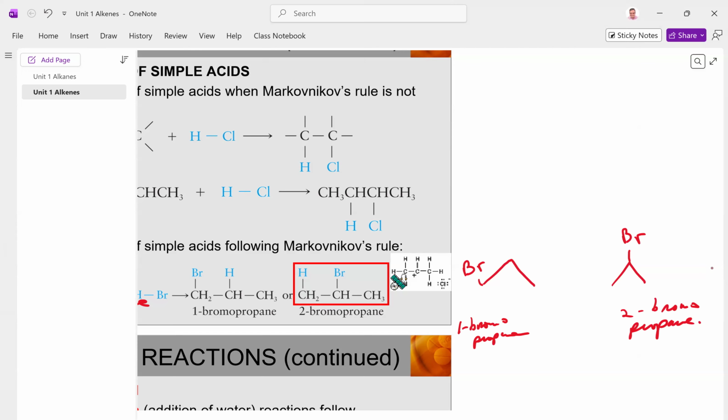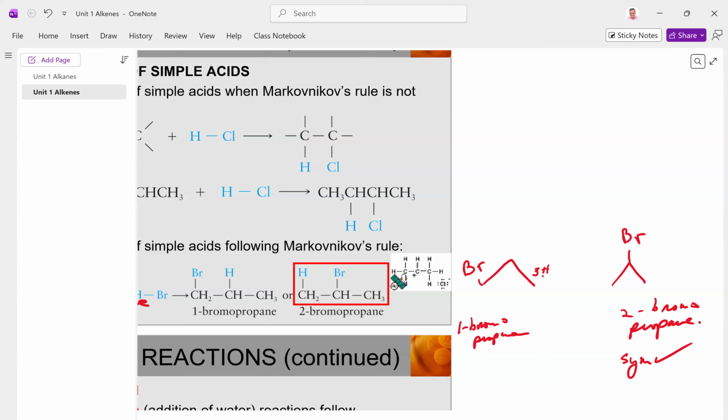All right, symmetry, which is more symmetrical, right or left? Right, it's more balanced. Okay, so symmetry wins here. What about Markovnikov, terminal hydrogens? How many do we have over here?